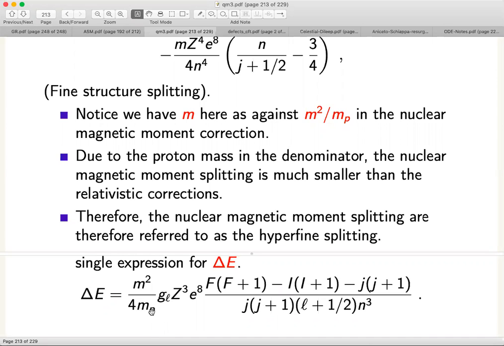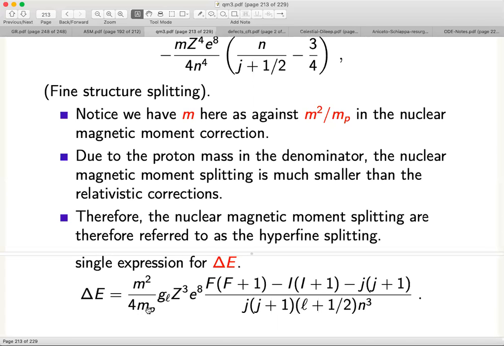If you do that, it may shave off 1 power of Z at best from here. But if you put Z protons in the denominator, then the splitting gets even smaller. So this is the largest possible splitting. That's the reason why proton mass is kept here. Any other splitting will be even finer.